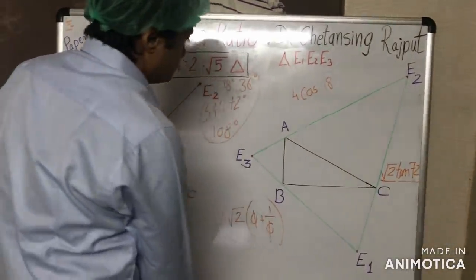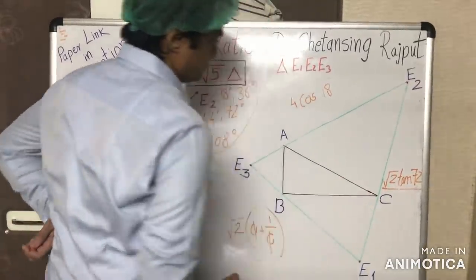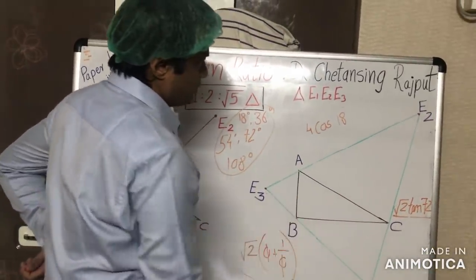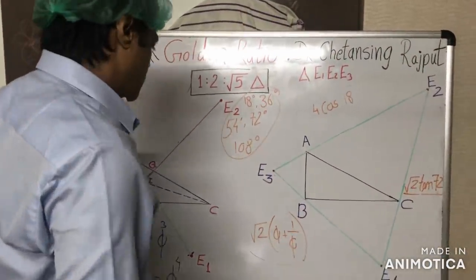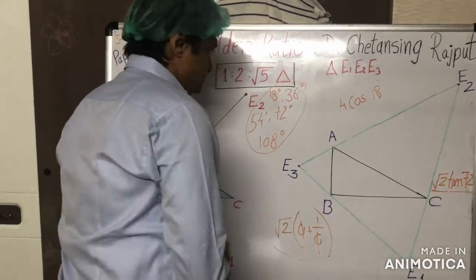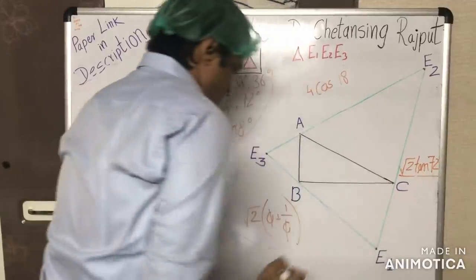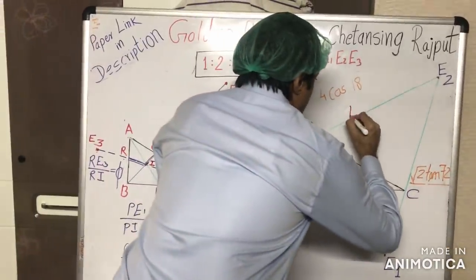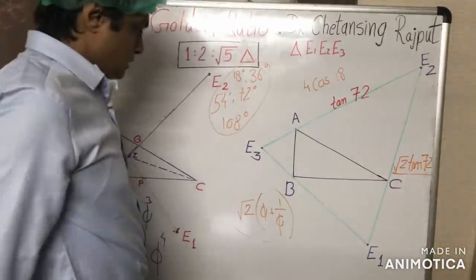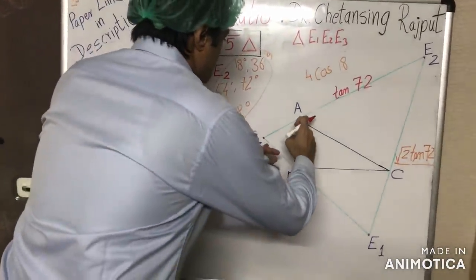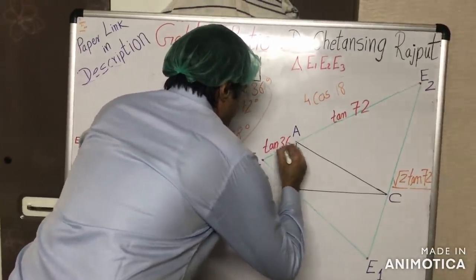Now let us see the vertices of reference triangle A, B, C. These 3 points divide these triangle sides in an interesting manner. Like this length here, A, E2. This length is precisely equal to tan 72. And this length here, this length A, E3 is precisely equal to tan 36.